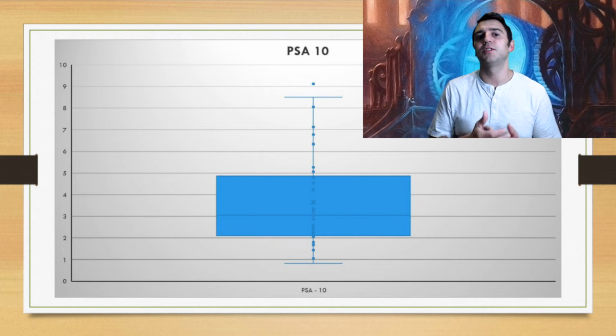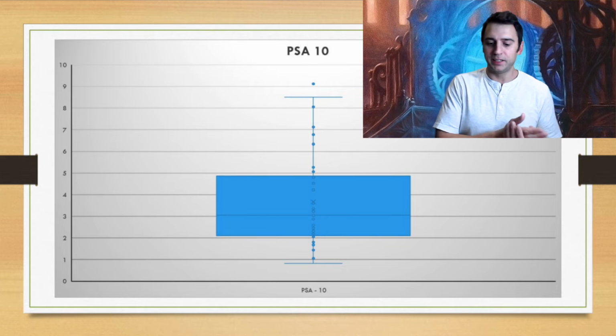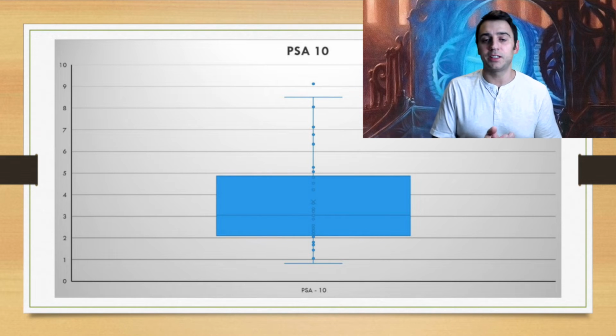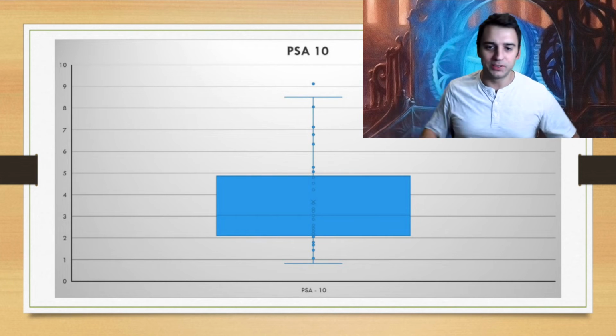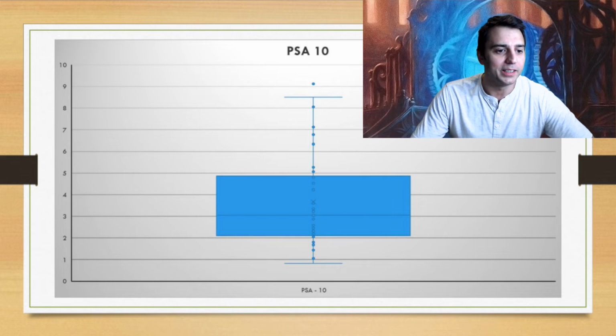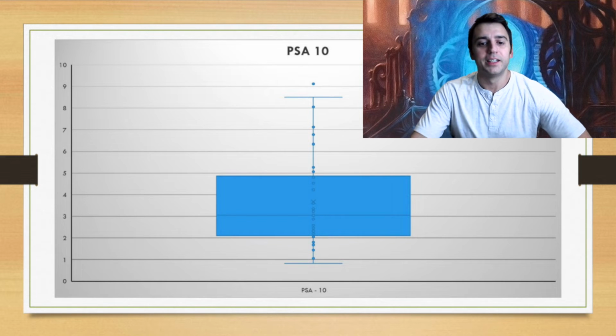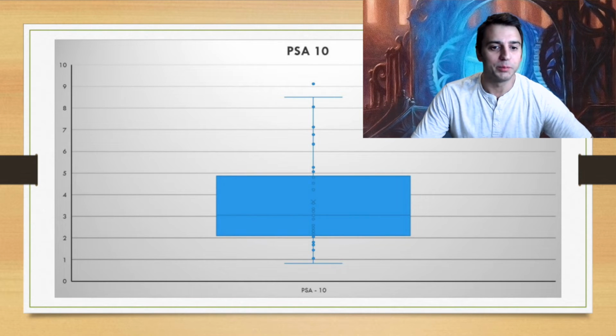There's a much different effect on your wallet paying 5 times the price of a card that costs $10 than 5 times the price of a card that costs $1,000. Absolute dollars matter, and you can see that that affects the data in the PSA 10, for example, very much so.